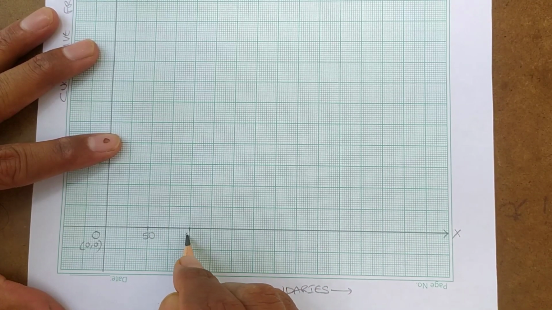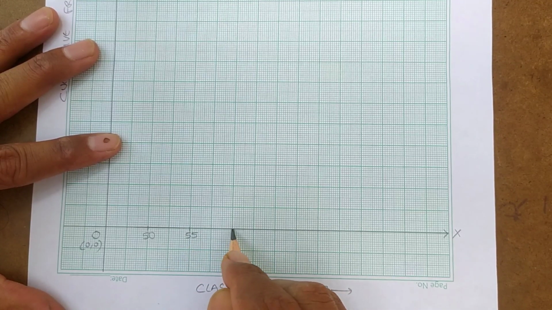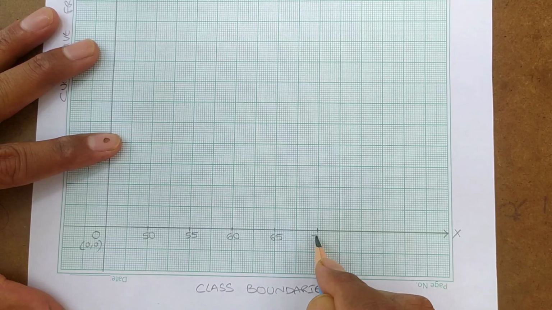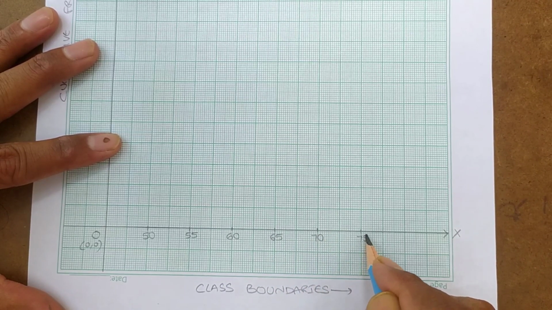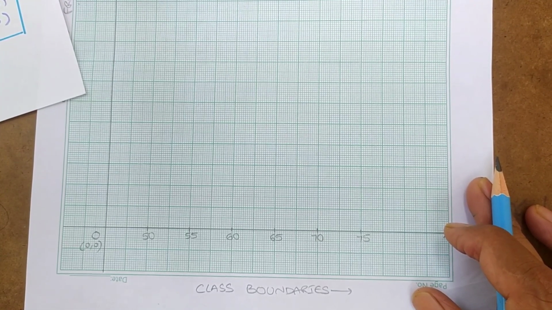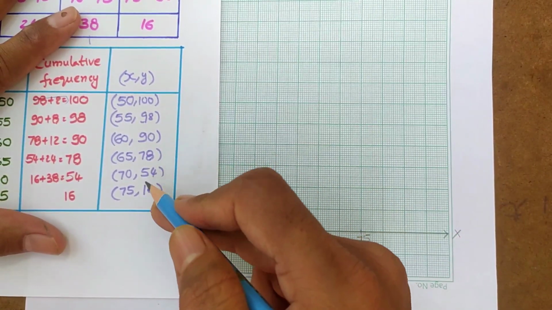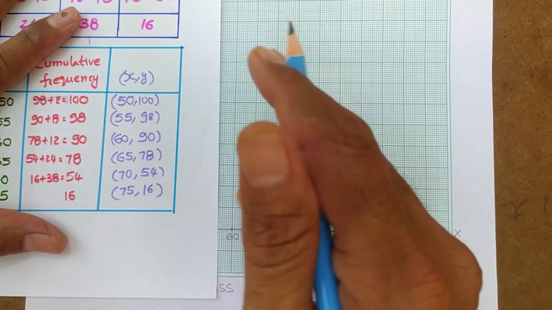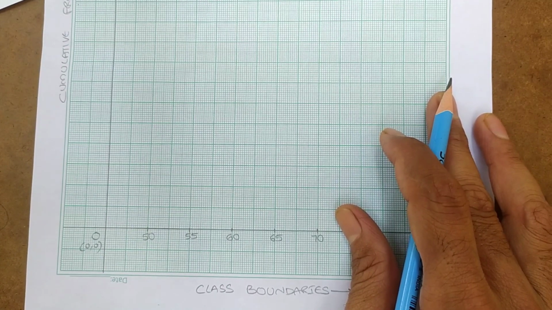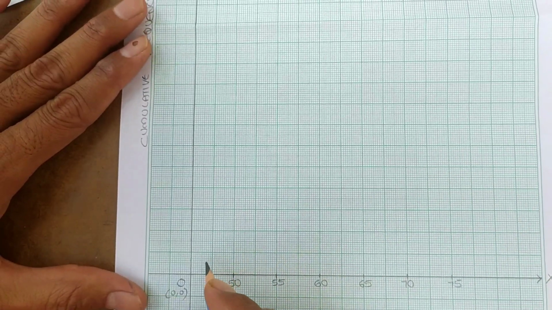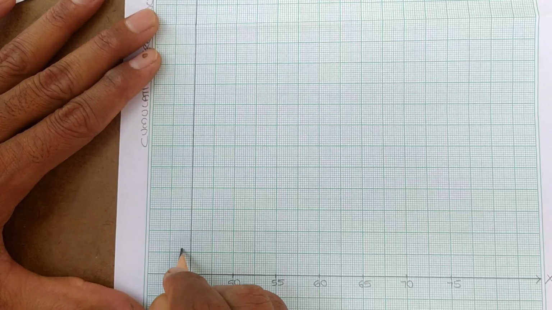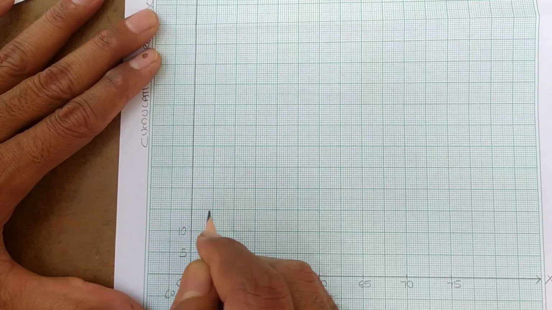So here let us take the values like this: 50, 55, 60, 65, 70, and then 75. The corresponding y values, if you observe, are 16, 54, 78, 90, 98 and 100. Here I am taking this as 5, 10.